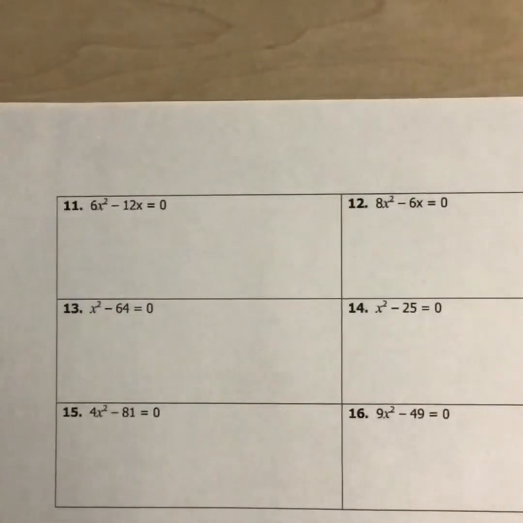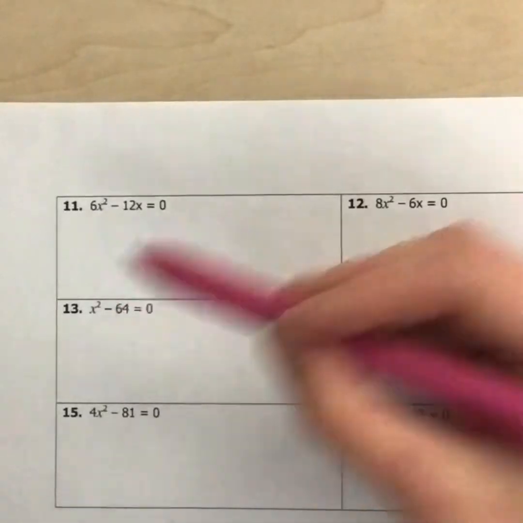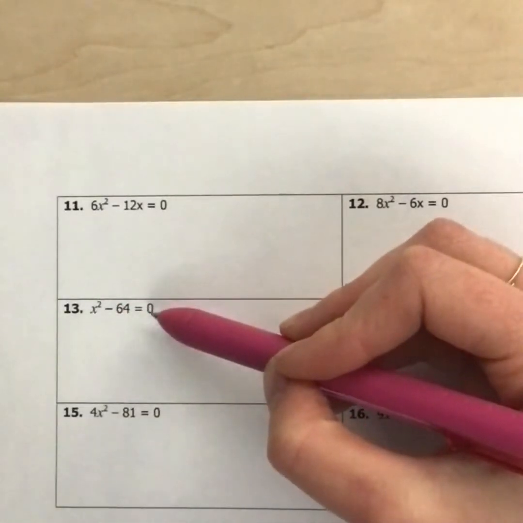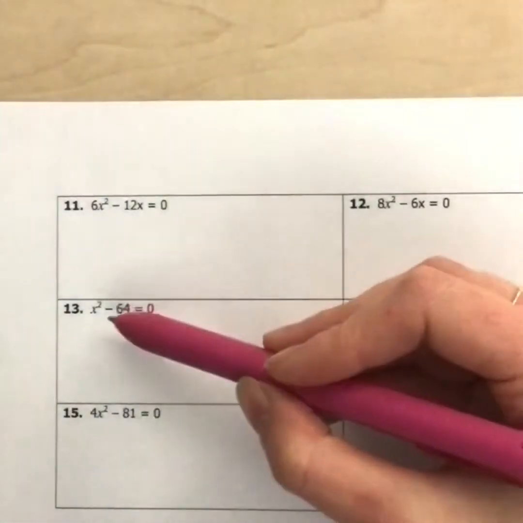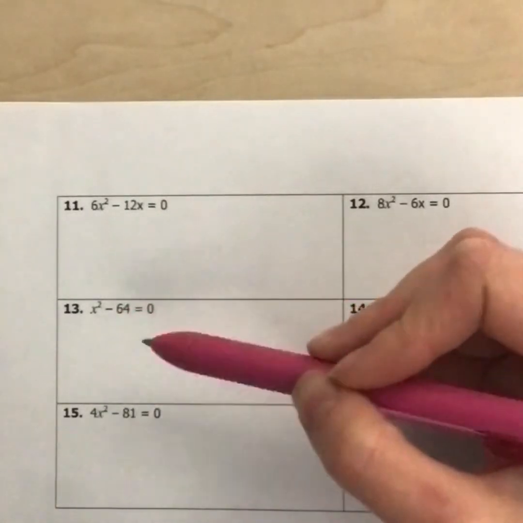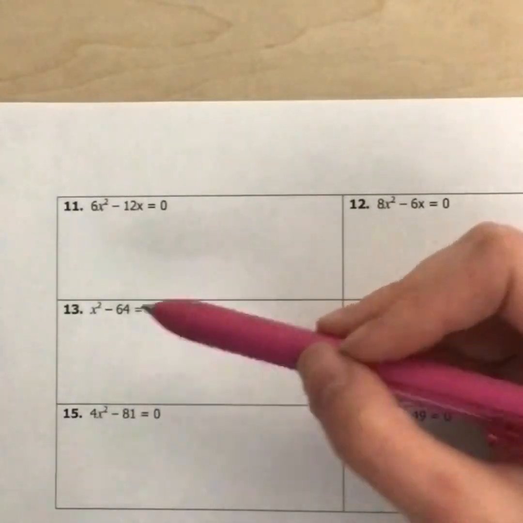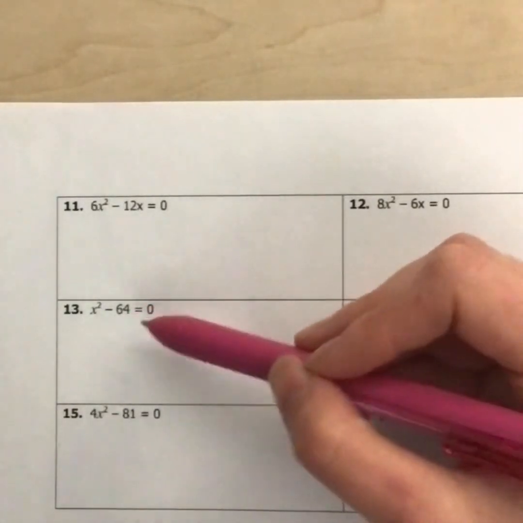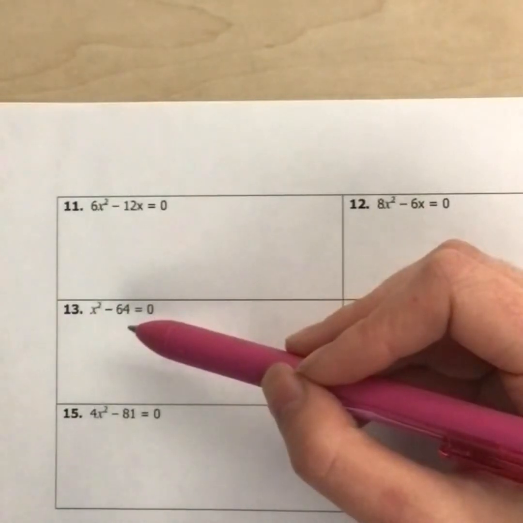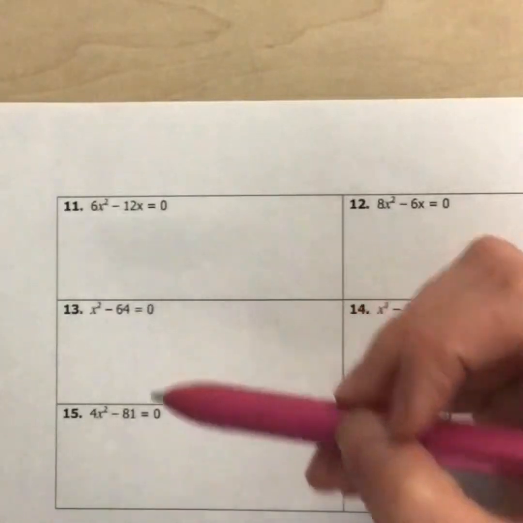For this example here, we have x squared minus 64 equals 0. And this one's different because we don't have that middle term with just x. This is actually a special type of trinomial that we would have added together or multiplied together. This trinomial is actually the product of the difference of squares.